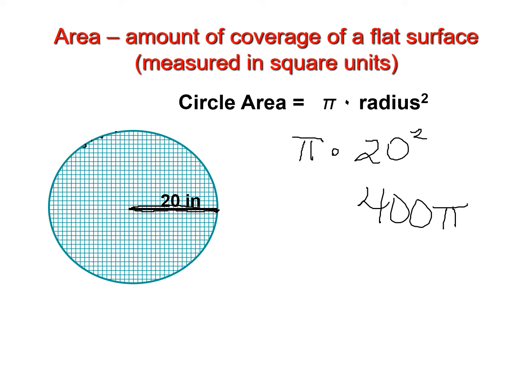But when you put it in the calculator, you end up with 1,256.6 little boxes. Okay, so this will be square units. We don't know how big they are. But who wants to sit there counting all that? Not me. It doesn't seem like it'd be that many, does it? But after you start counting, you'll see. It would be a lot.